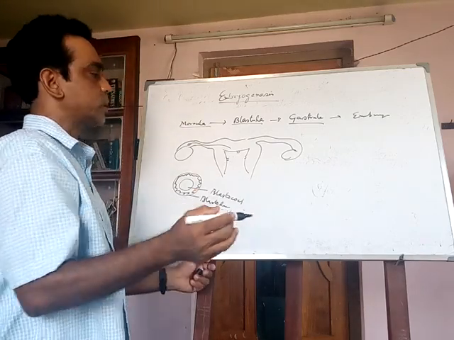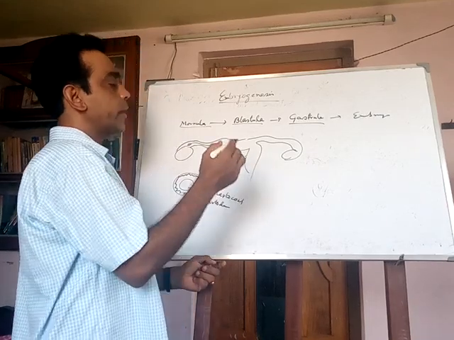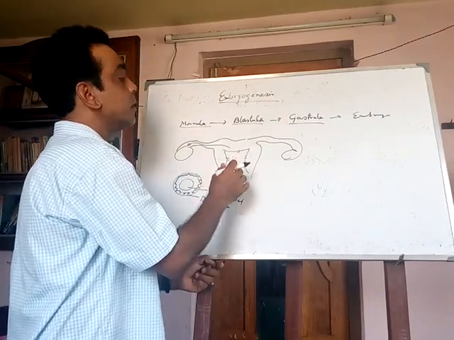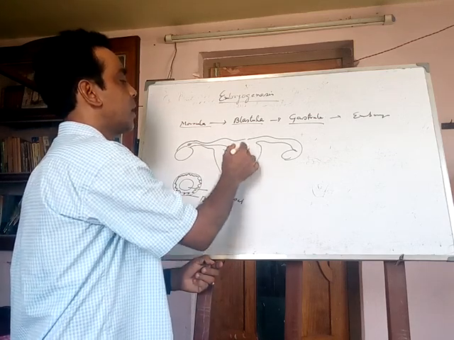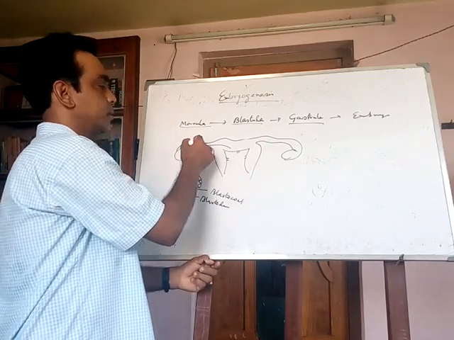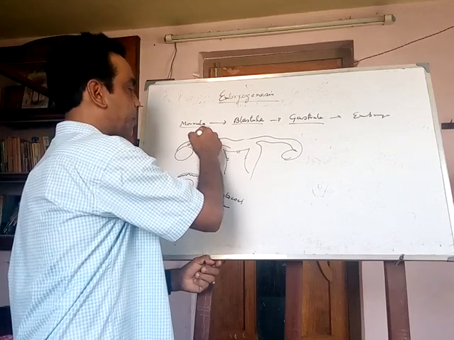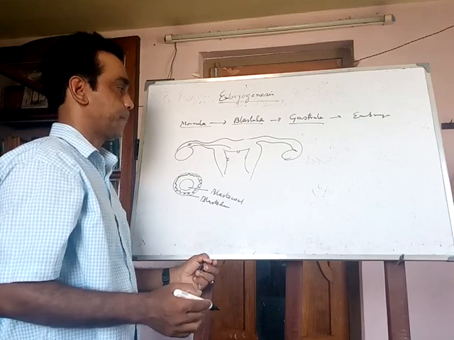Some peculiarities are found in these implantations: where the blastula is implanted besides the uterus, on other parts of the female sexual organ, that is the fallopian tubes, placenta, etc., it is called ectopic pregnancy.